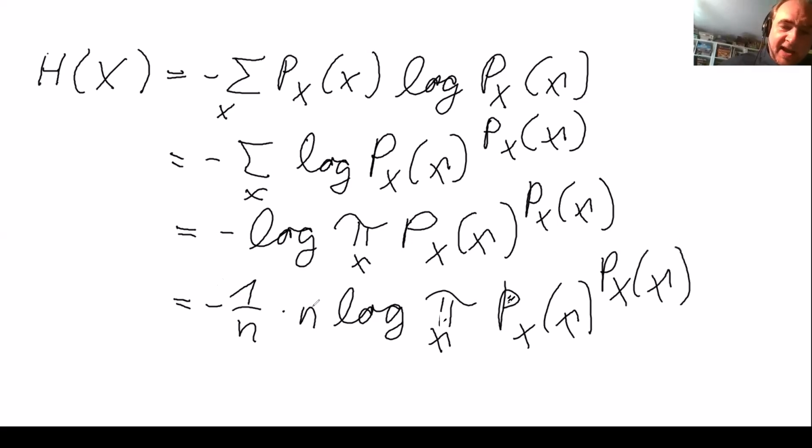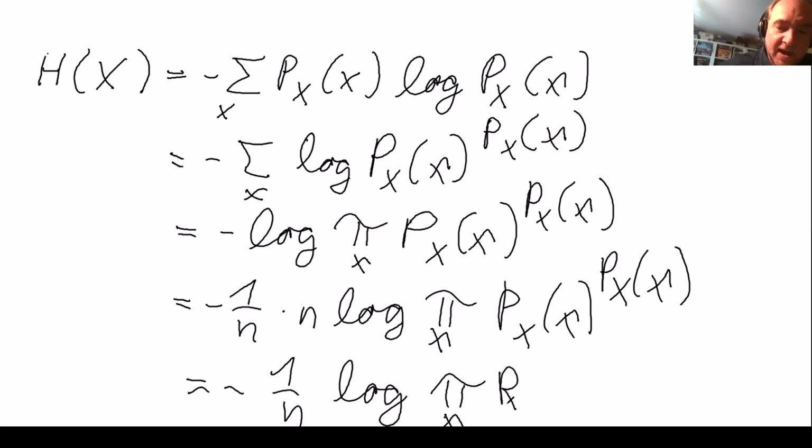And of course, this n goes inside. So this is equal to what we want: 1 over n log the product over all x of P_X(x) to the n times P_X(x), and we are done.